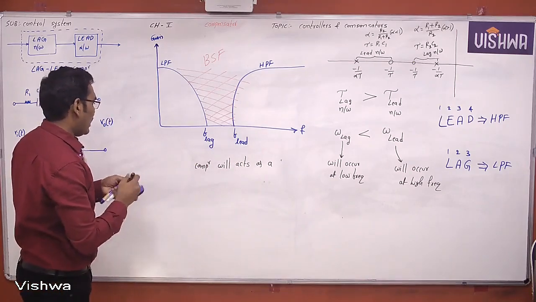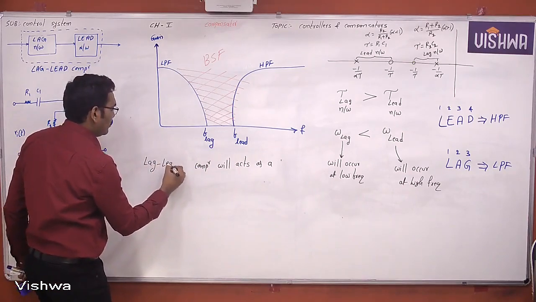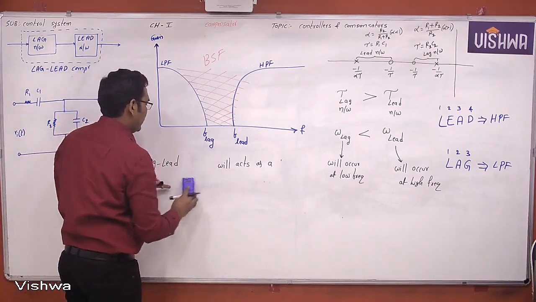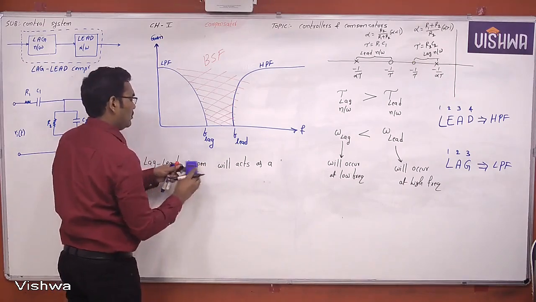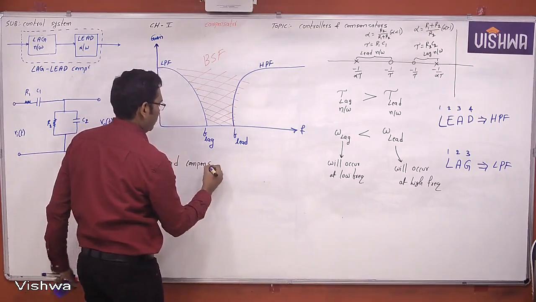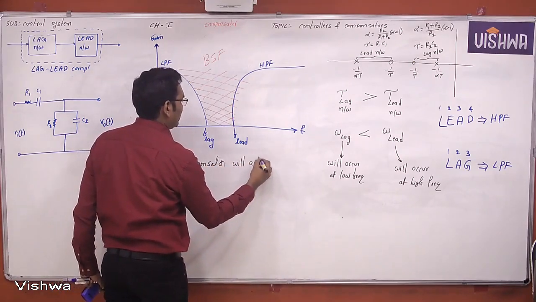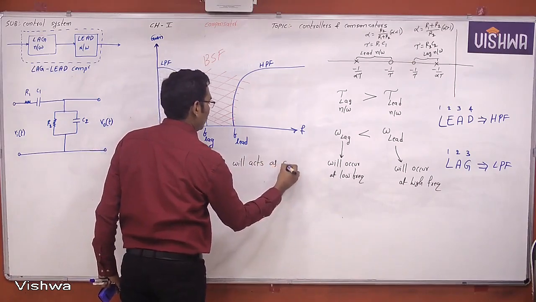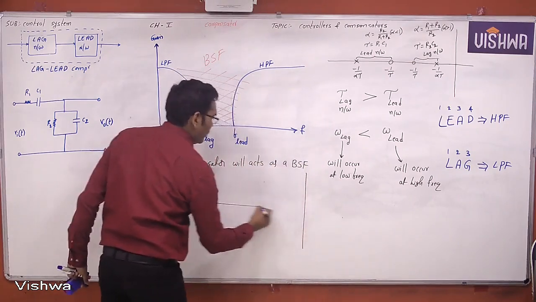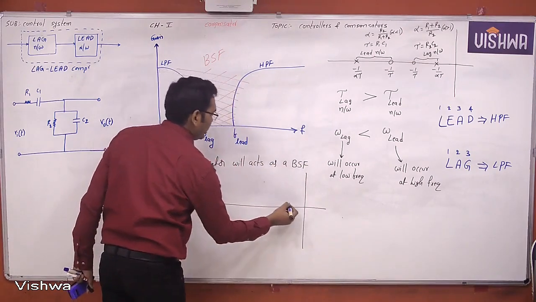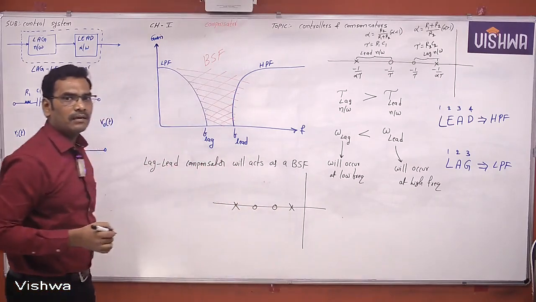Therefore, the lag lead compensator will act as a band stop filter. If it is a band stop filter, the pole zero sequence in S-plane is pole, zero, zero, pole. Clear or not? No doubt.